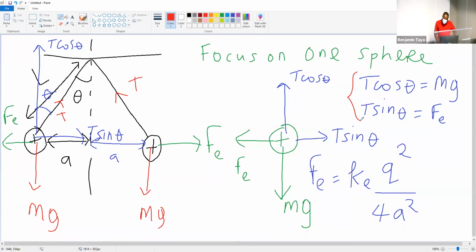So what I can do is divide those equations to get tangent of theta is equal to F electric over mg.